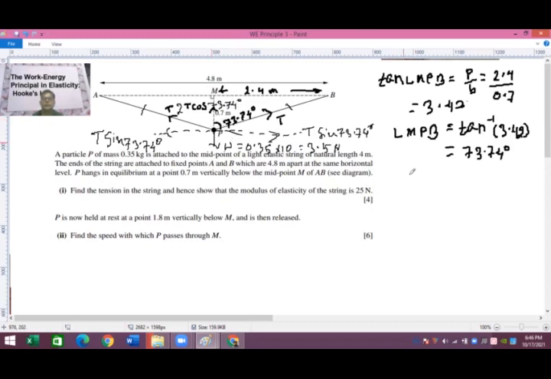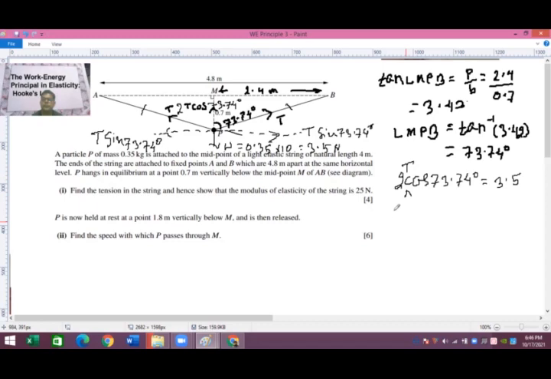So in this equilibrium condition, you can see that 2T cos 73.74 degrees equals the weight of the body, which is 3.5 Newton. Not 2 only, that is 2T.